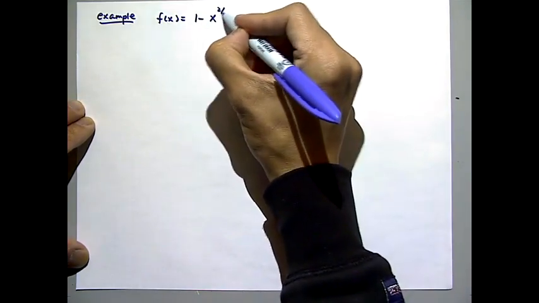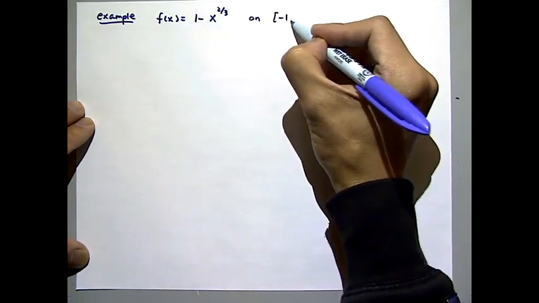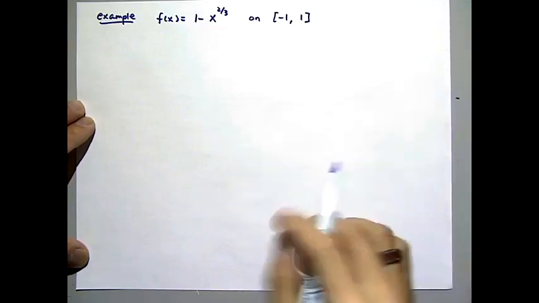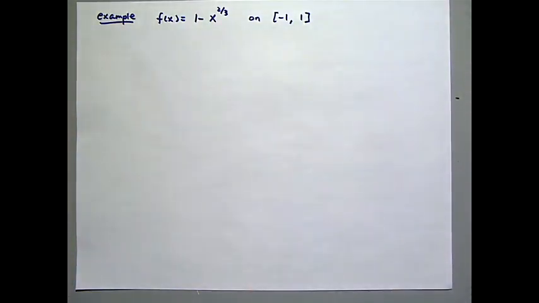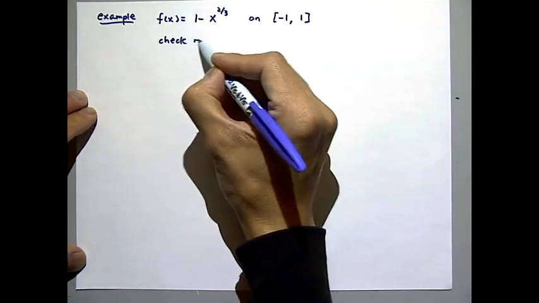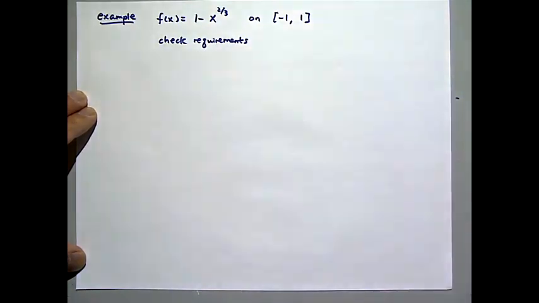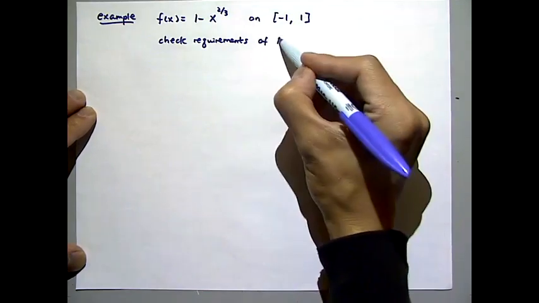One minus x to the 2 over 3 on the interval minus 1 to 1. Like the last example, we'll check the requirements of Rolle's theorem.